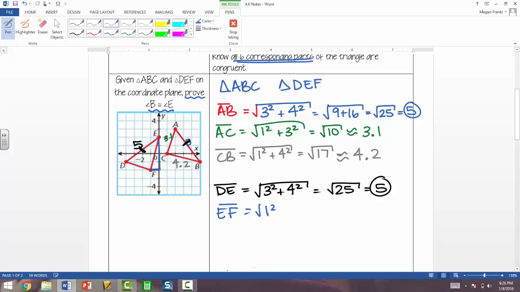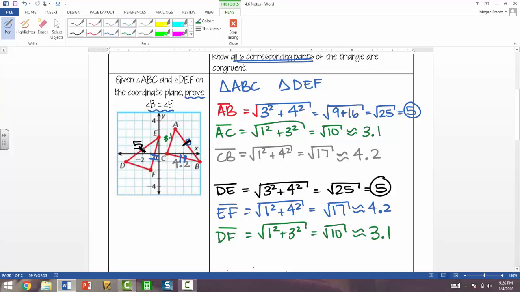Those are the numbers I'm going to square. So we end up with the square root of 17 again, which is the same thing as this side here. So chances are you're guessing what the last one is. DF is 1 and 3, or the square root of 10. So this is the same as this.